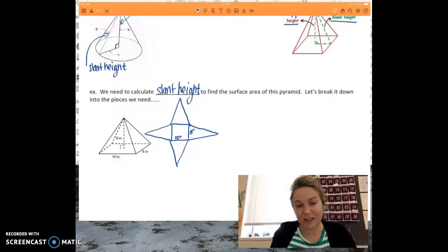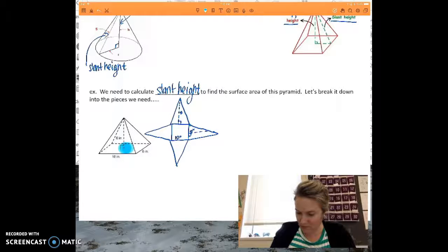But we don't really need the actual height. We need to find this height in order to find how tall those triangles are. We need the height, like that, and that's S. So let's take a look at how we can do this.